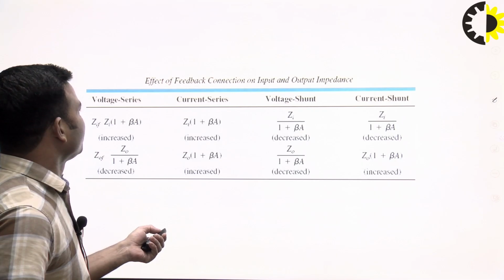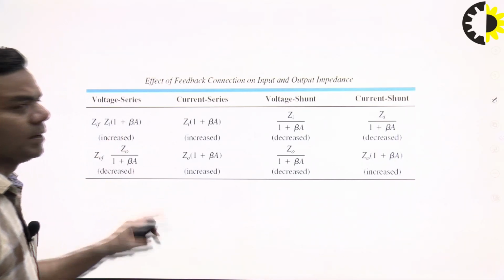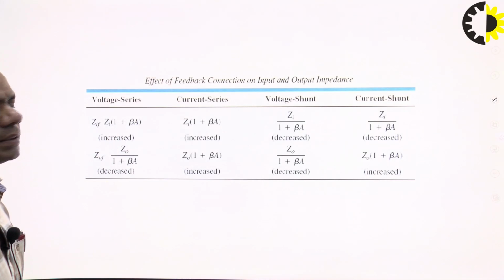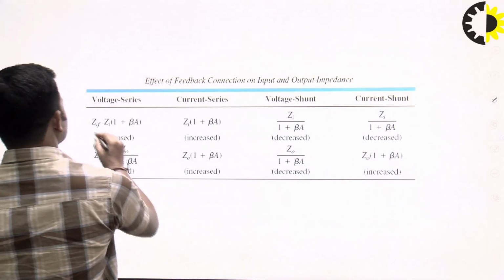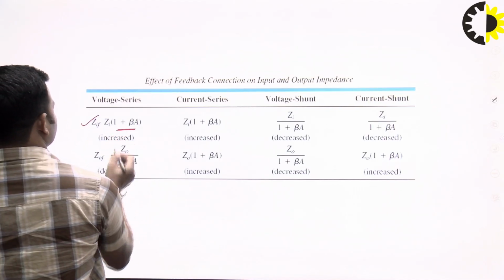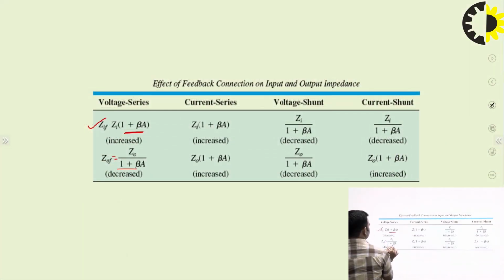So you can easily find this out, and this is the table which will help you in remembering these relations. For voltage series ZIF and ZOF, you can verify the series and shunt connection.